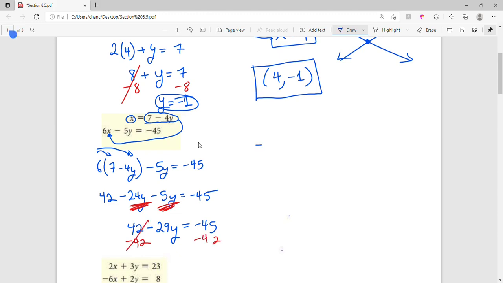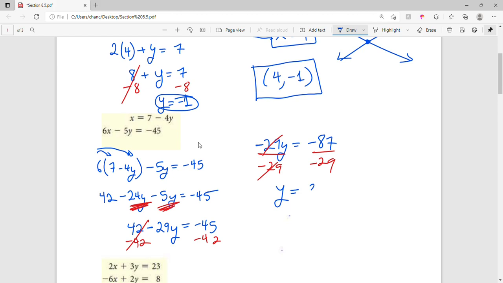And so -29y is equal to -87. Let's divide both sides by -29. This reduces to y equals +3. Now to solve for x, I can choose equation 1 or equation 2.